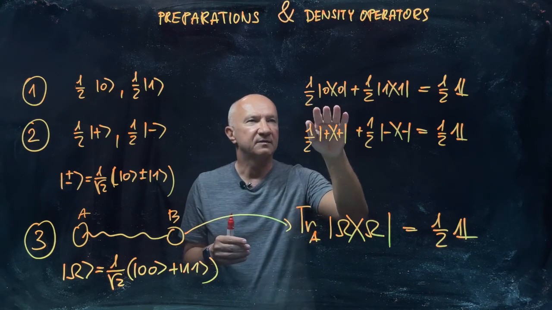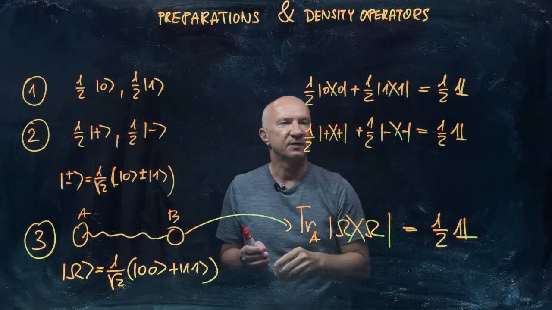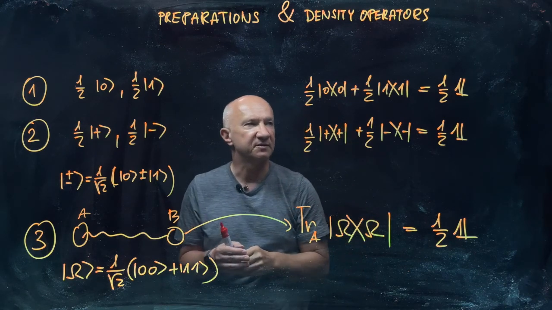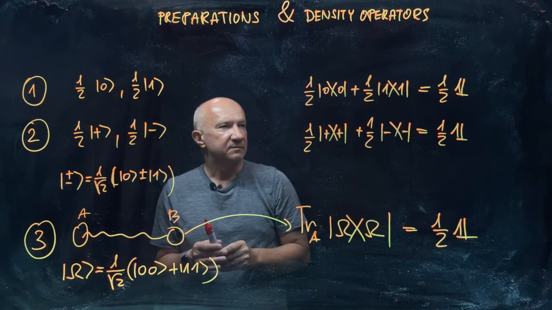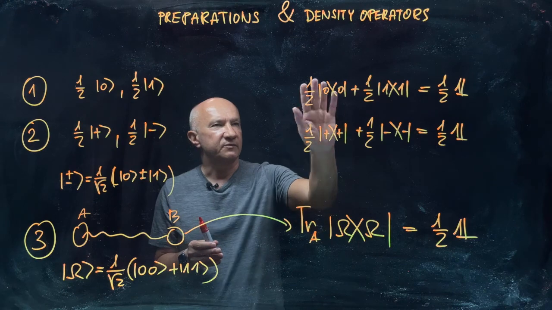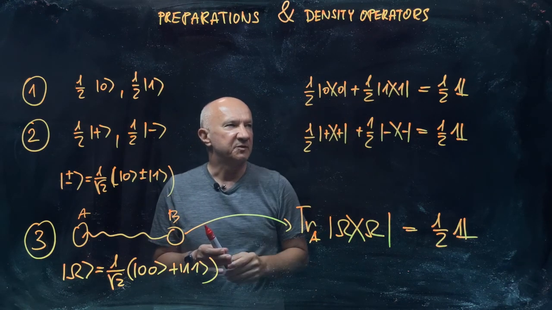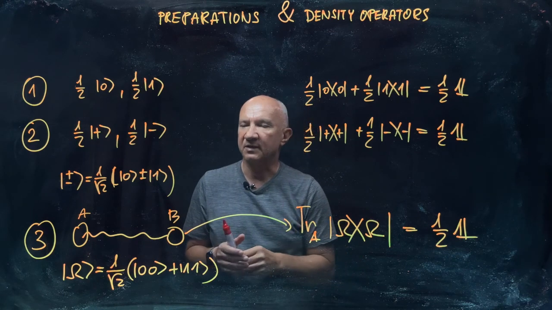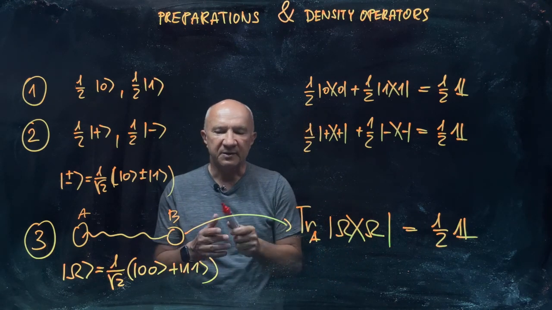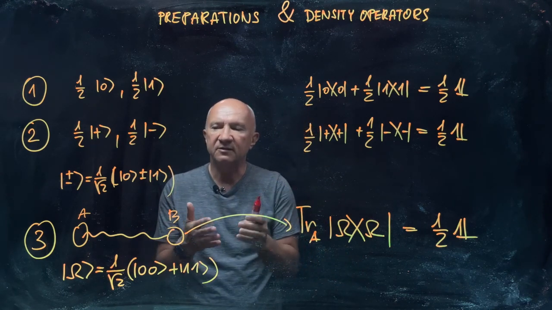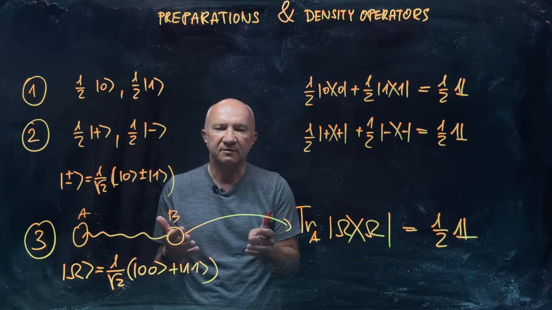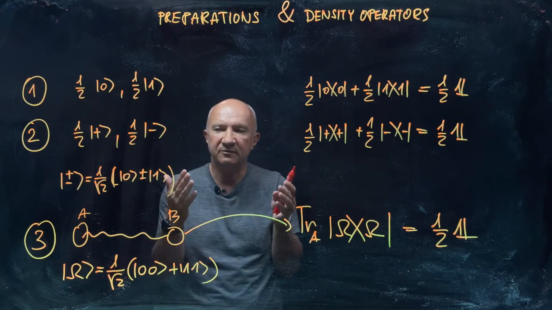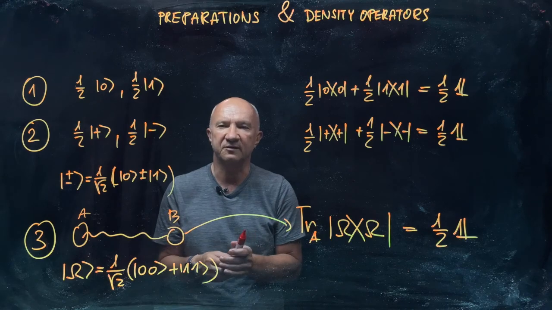So we weighted the projector on 0 and the projector on 1 with respective probabilities. Of course, if you vary those probabilities, you may vary the density operator, and then you may be able, in some cases, to tell the difference. But essentially, in order to be able to tell the difference between two preparations, they have to have different density operators associated with them.